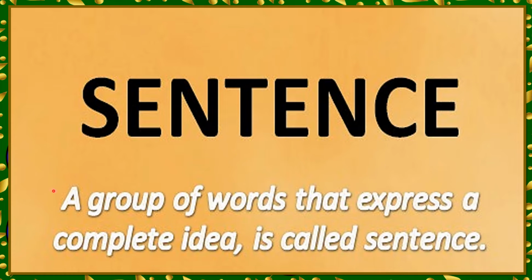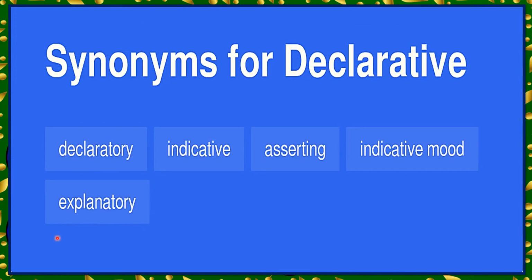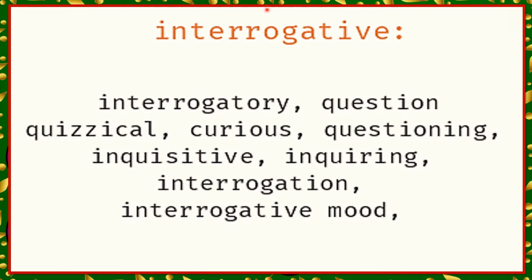Sentence. A group of words that express a complete idea is called sentence. Number 2, declarative. Synonyms for declarative are the following: declaratory, indicative, asserting, indicative mood, and explanatory. Number 3, interrogative.